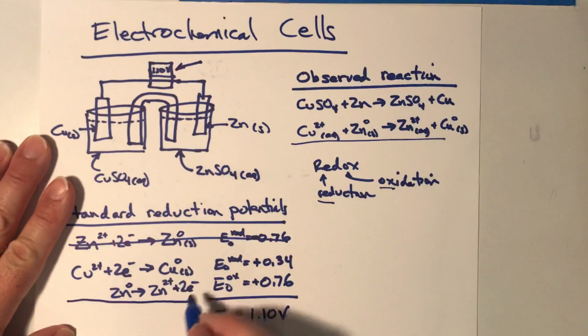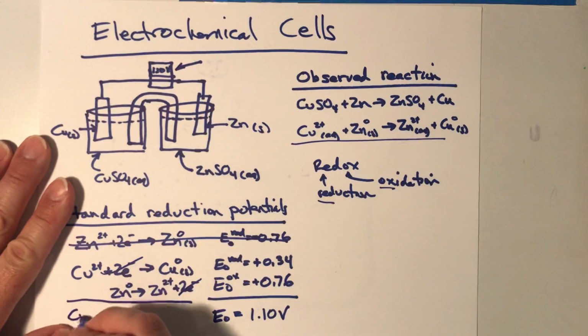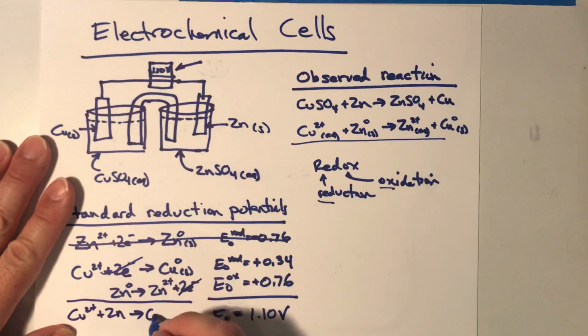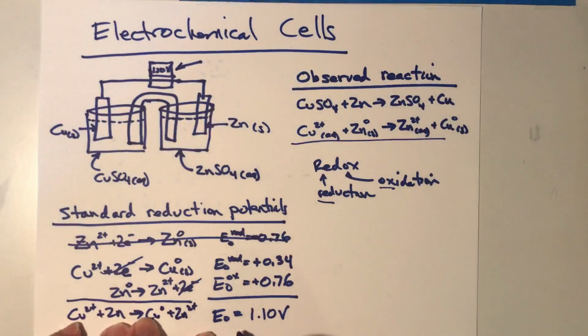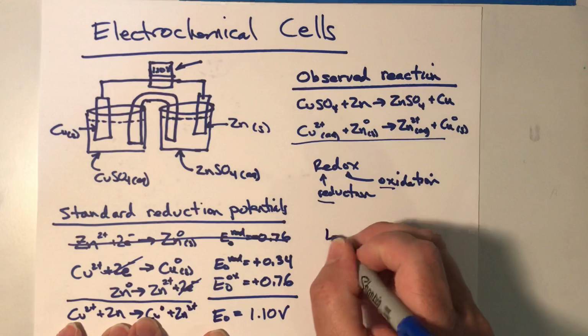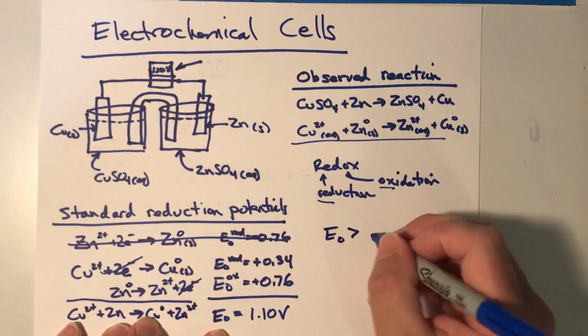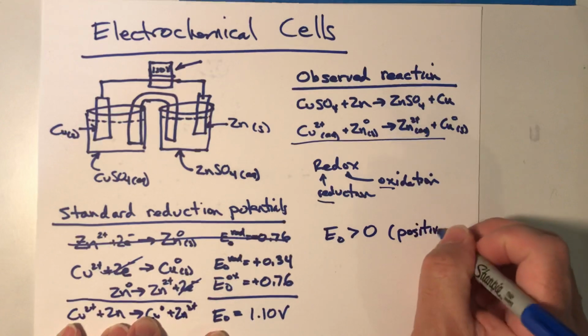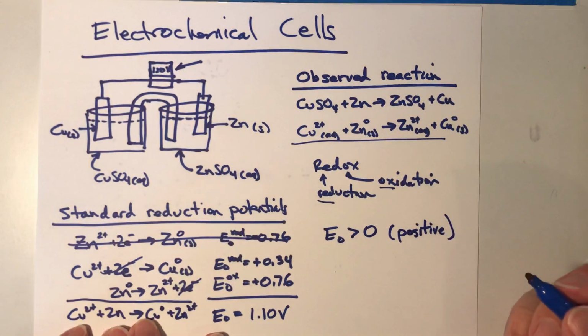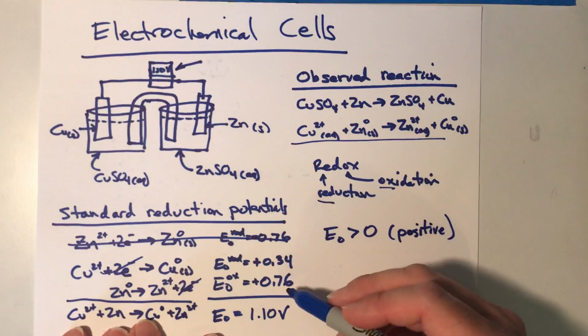And that's the same when the two half reactions from our potentials add up. This will always add up to be the correct reaction if and only if E naught here is positive. So it's going to turn out that E naught being greater than 0, in other words positive, is always going to be our requirement for the use of the oxidation reduction potentials.